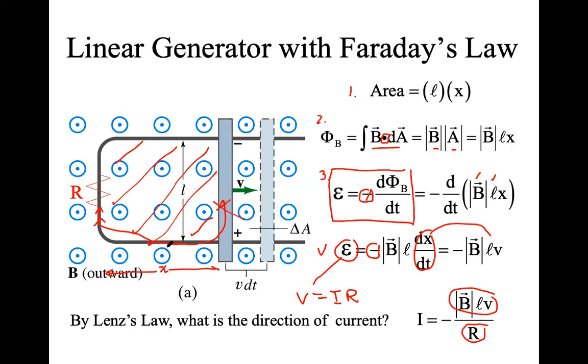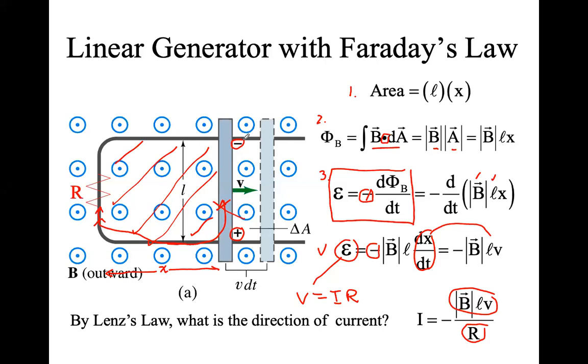Yesterday we talked about motional EMF. We realized that one side becomes positive and one side becomes negative. It's almost as if you got a little battery right there, and the current will go from the positive side around the resistor back to the negative side. So that's how linear generators work. It's the nominal, important, simple to see Faraday's law problem.